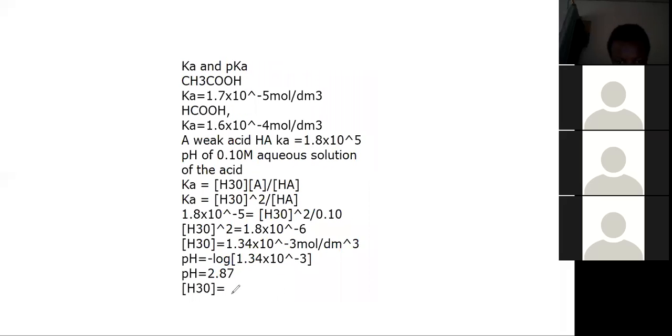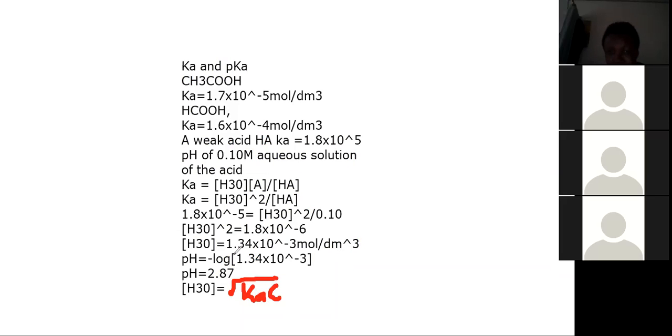This can be equal to the root of Ka C, KaC. So we could have just used this to find that of this.